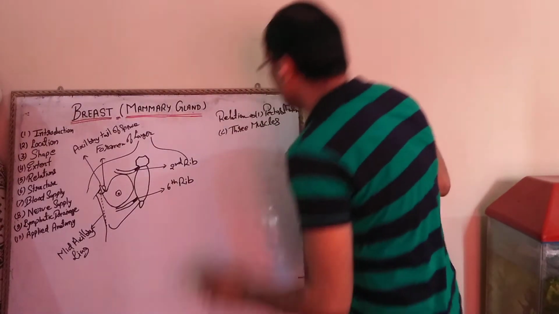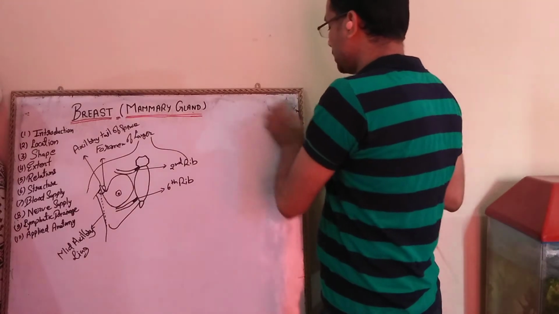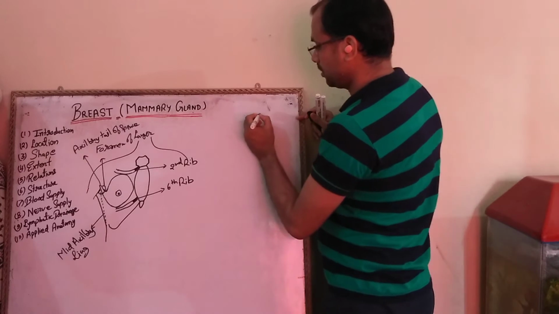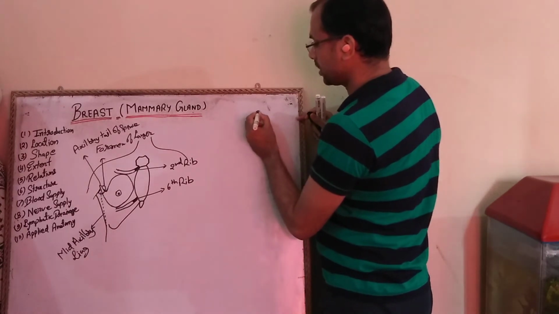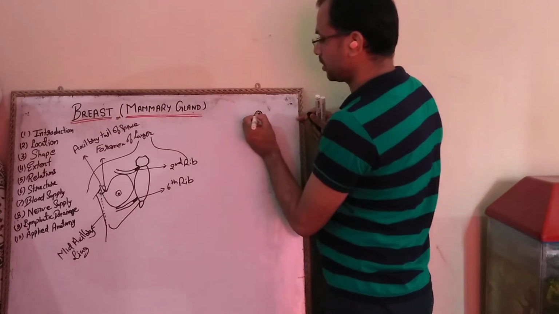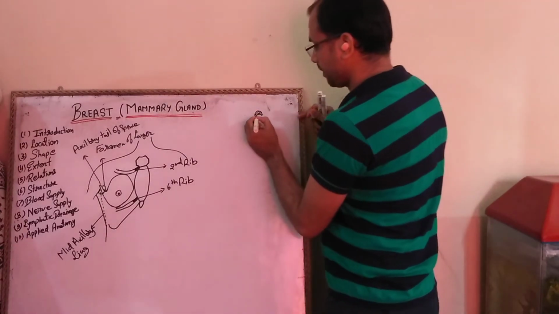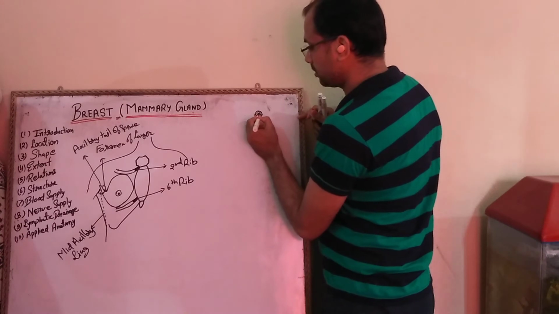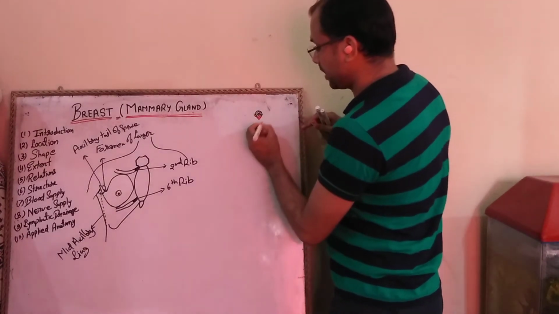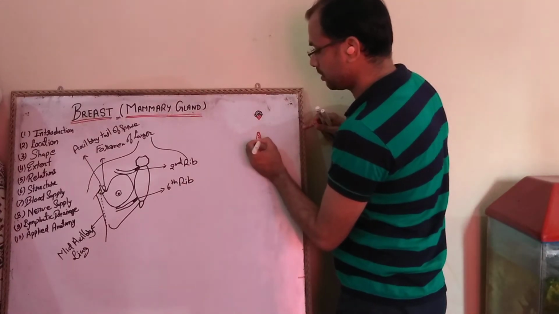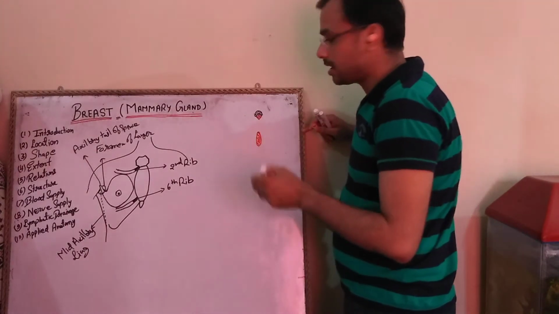So I will draw the diagram of the relation of the breast with the pectoral fascia. I will draw a sagittal section. This is the clavicle. Below the clavicle, this is the subclavius muscle. Below the subclavius, this is the pectoralis minor muscle.